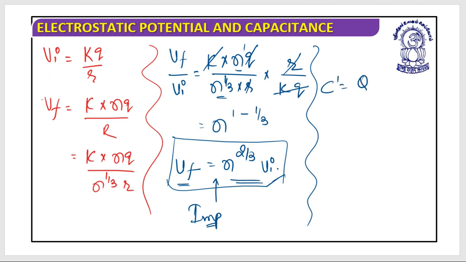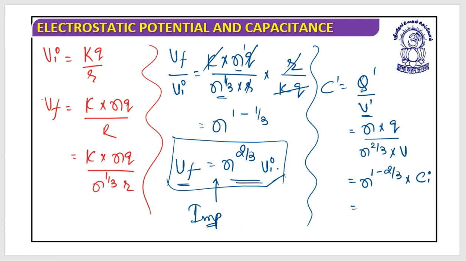Yes. Now let's find out the capacity. C dash is q by V dash. Yes, q is equal to CV, thus C dash is equal to q dash by V dash. My new charge was n into q. My new voltage, the potential difference, is n to the power 2/3 into V initial. So what I can write is n to the power 1 minus 2/3 multiplied by C initial.